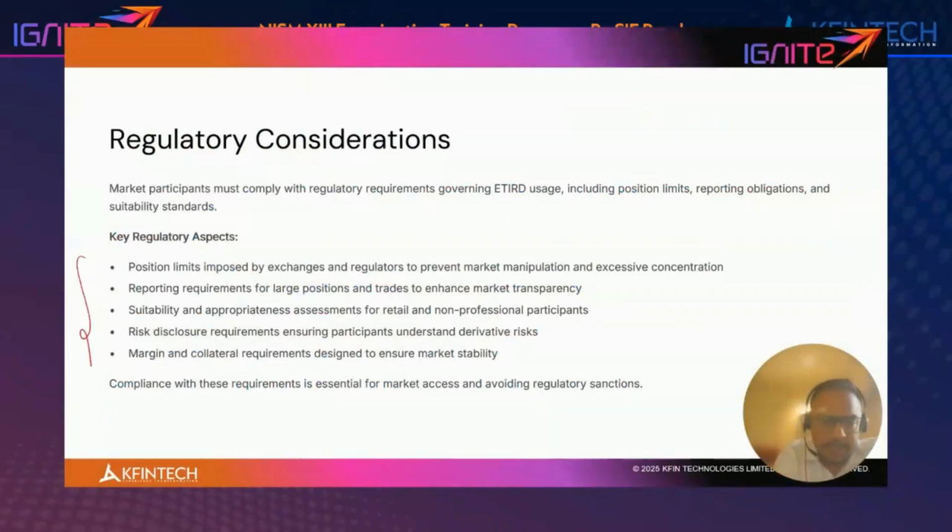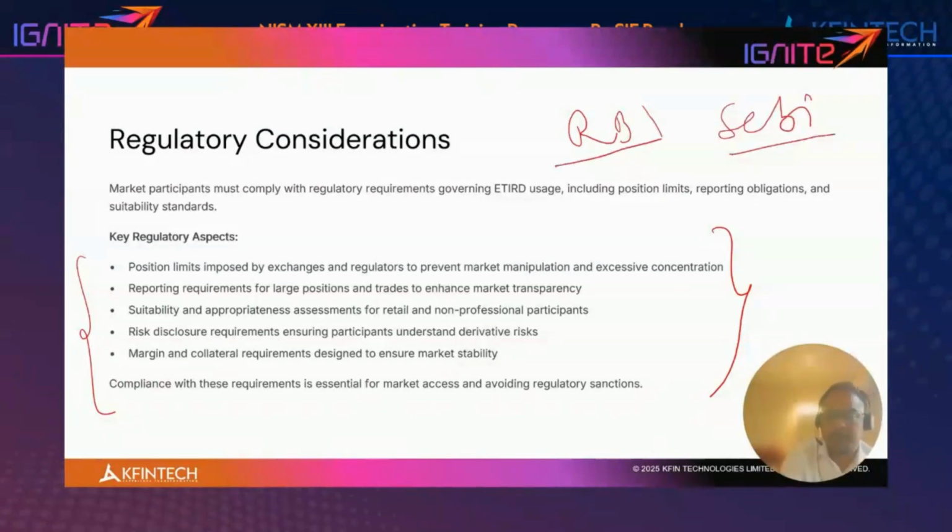So as I mentioned, in India, the interest rate derivatives are regulated both by RBI and SEBI, because banks are the primary participants in the interest rate market in India. So I'll just pause the slide over here for you to read, but more or less it is what we have already covered. Position limits are imposed by the exchanges.